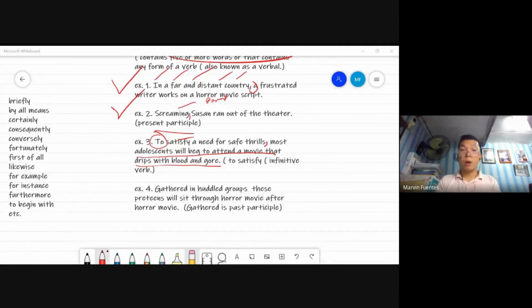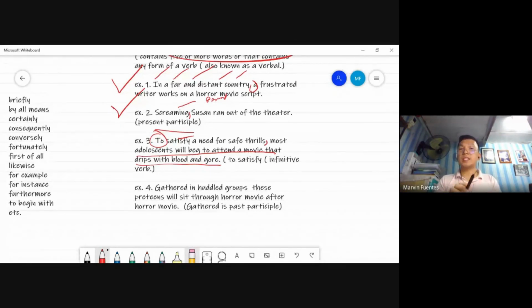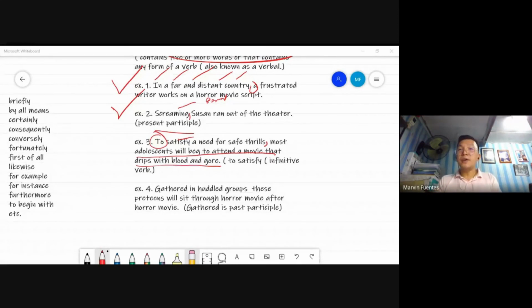That is wrong, because the infinitive to satisfy has something to do with to satisfy a need for safe thrills, to give its meaning or to complete the infinitive word to be or to satisfy. Okay? That is why you put a comma.